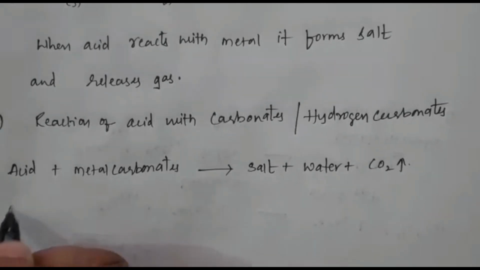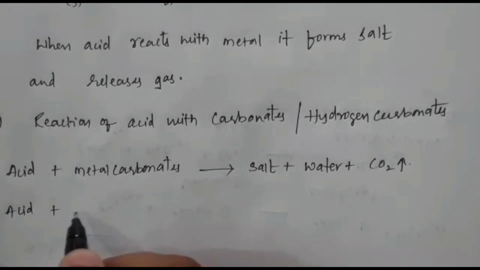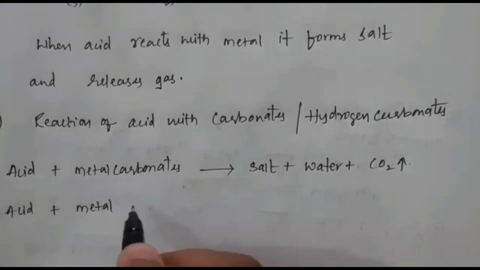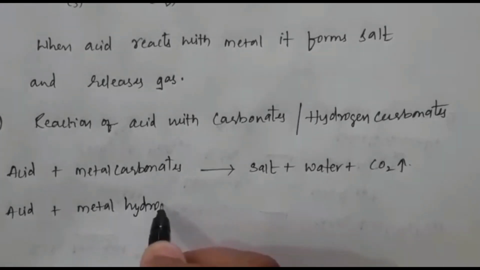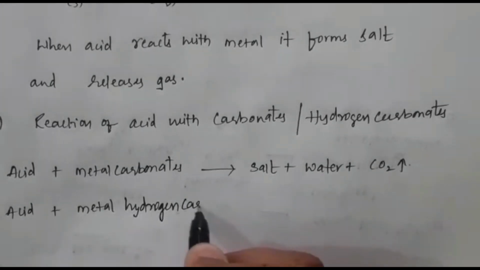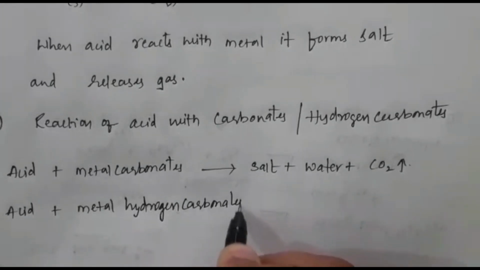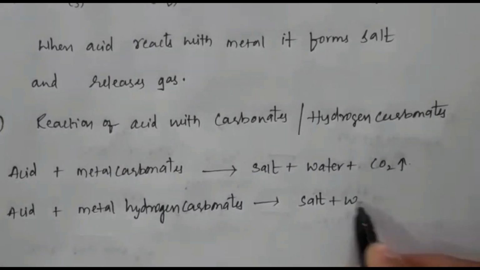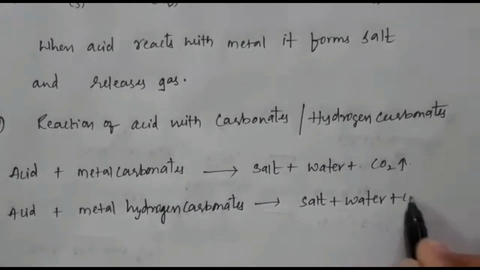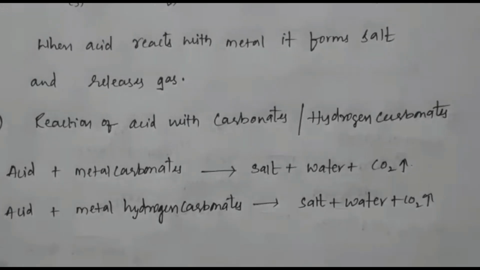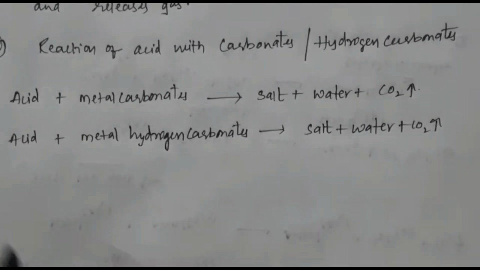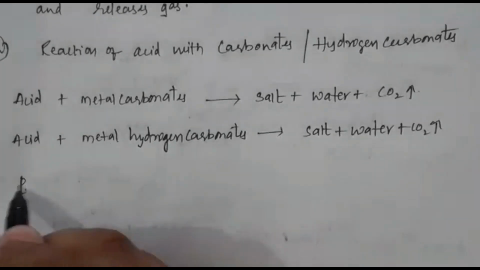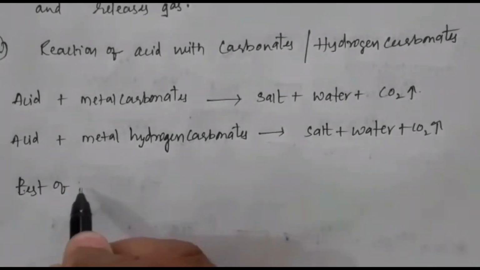The same thing happens when acid reacts with metal hydrogen carbonates: salt plus water and carbon dioxide is formed. So how do we test for the presence of the gas?